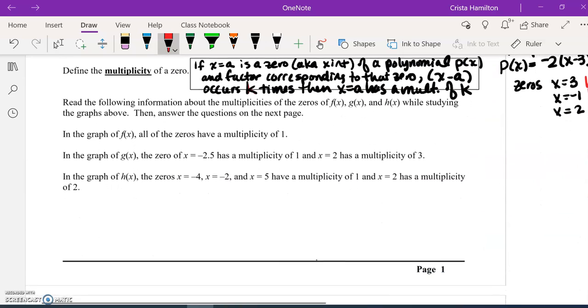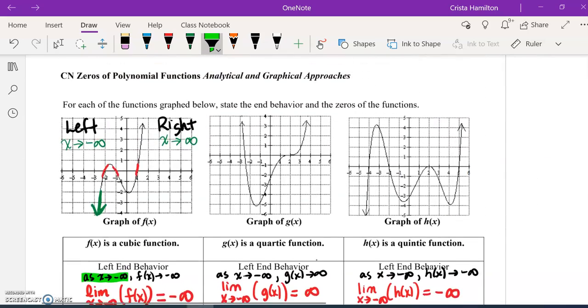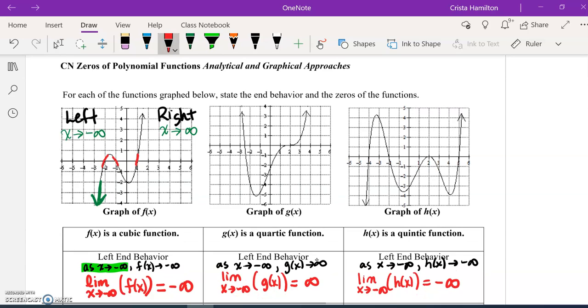Then for g of x, the zero negative 2.5 has a multiplicity of 1, but x equal to 2 has a multiplicity of 3. So let's look at the negative 2.5 and the behavior as it hits that x-intercept, versus the behavior over here, where this one has multiplicity of 3. Multiplicity of 3, multiplicity of 1, and at all of these, we had a multiplicity of 1.